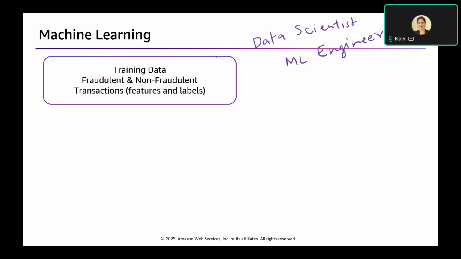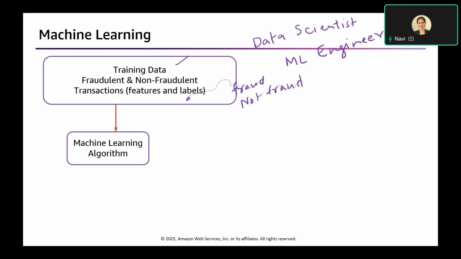So they start by collecting a large data set of historical banking transactions and then labeling them as fraud or not fraud. So a lot of work here. And then using this labeled data to train a model using algorithms, which are a set of rules that will then create a model.